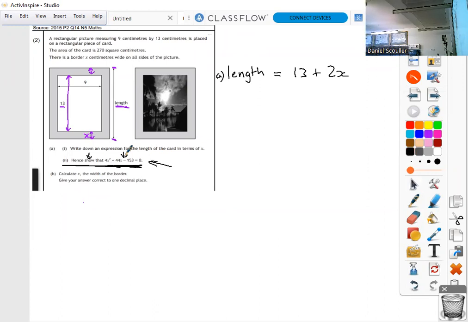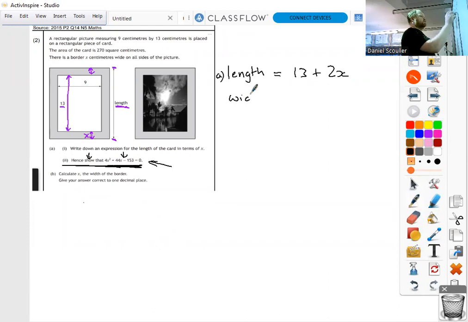Only a non-cal. So the area is 270 with a border. Calculate x with the border. What it's asking you for in part 2 is to also find the width.